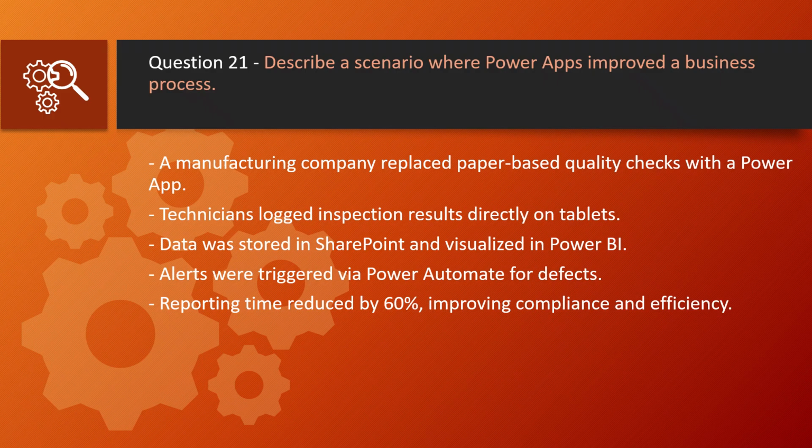So here technicians log the inspection results directly on tablets, and data is stored in SharePoint. That can be visualized using Power BI. In this, alerts can be triggered with the help of Power Automate, so defects can be easily found. So reporting time will be reduced by 60%, and it will improve compliance and efficiency.